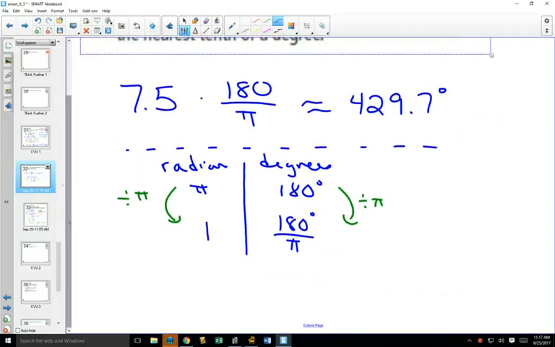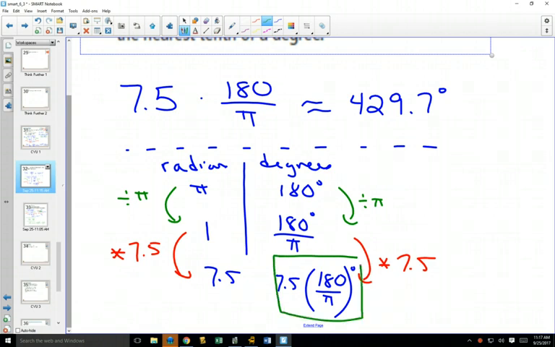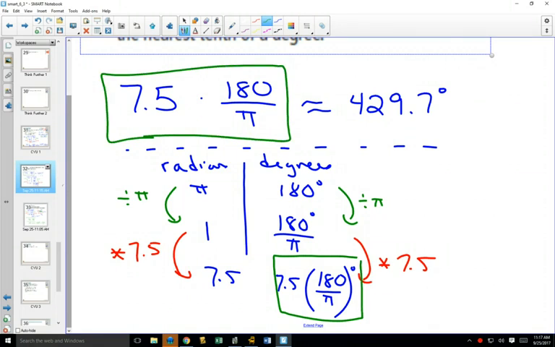And once you figure out what 1 radian is, you just need to multiply by 7.5 to figure out what it is. And notice in this last step here, this green box is exactly what's happening there if you remember that 1 radian is 180 over pi.